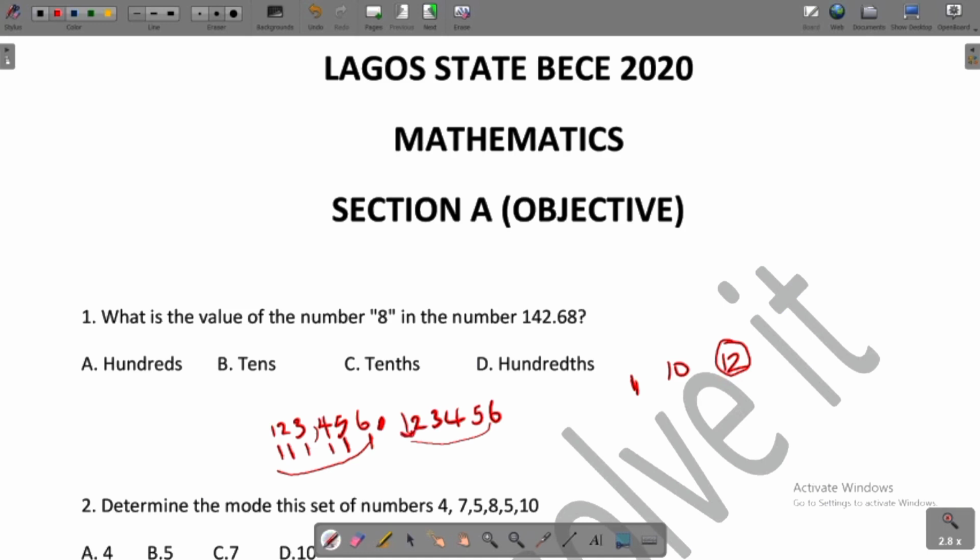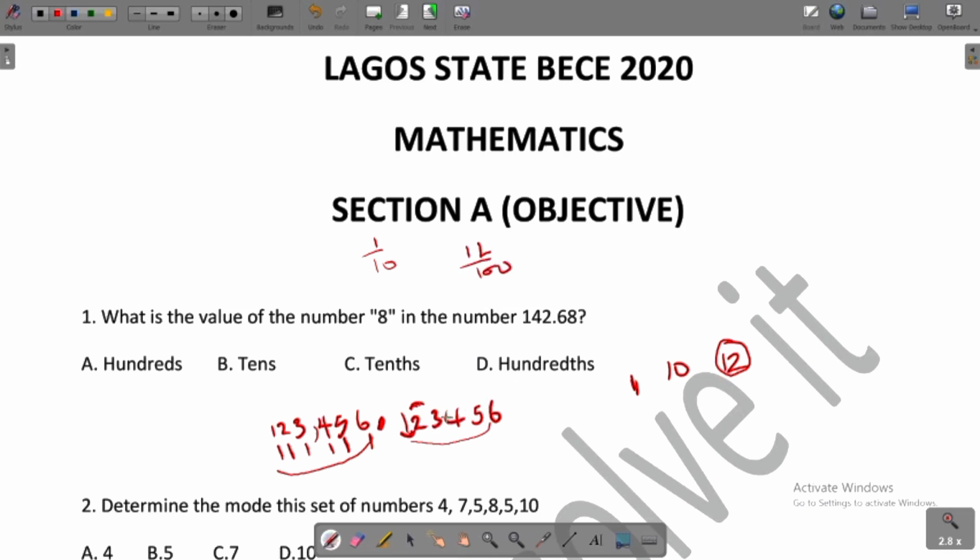Because 0.1, for example, means 1 over 10. So the second number will be hundreds, because if you have 0.12, it actually means 12 over 100.